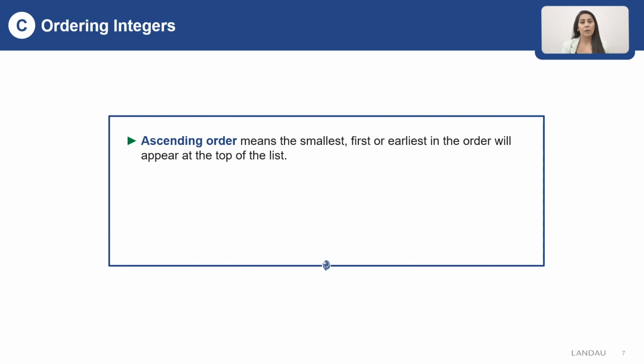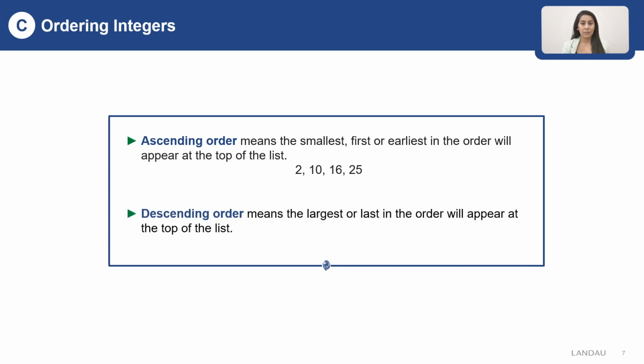For example, 1, 2, 3, 4, or 2, 10, 16, 25. When the numbers are ordered in descending order, that means they are ordered from the largest to the smallest. For example, 5, 4, 3, 2, 1, or 25, 16, 10, 2.